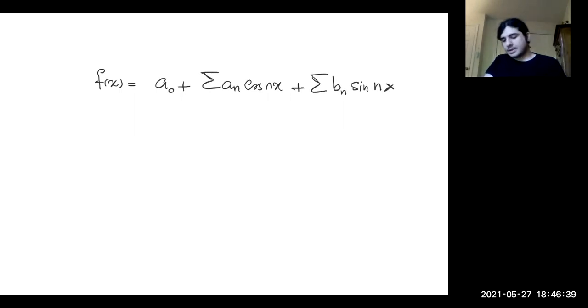I want to assume this is correct, and then try to manipulate it to find these constants an, bn, and a0. Okay, so what I would do is take the integral of this equation. I would integrate both sides from minus pi to pi.